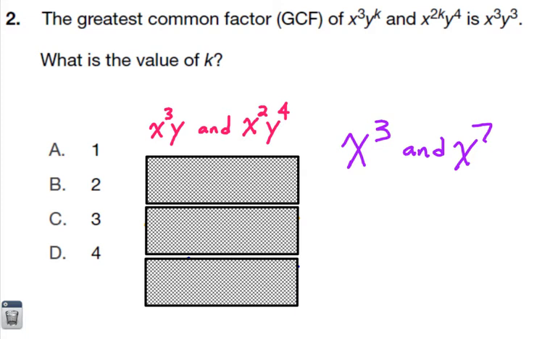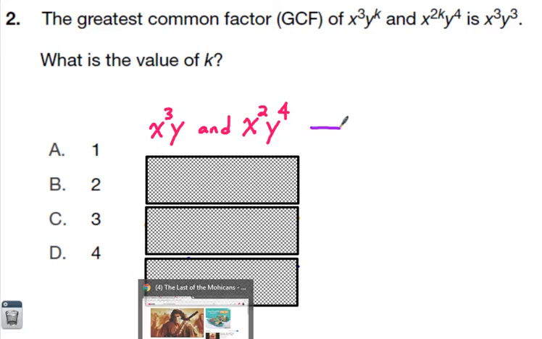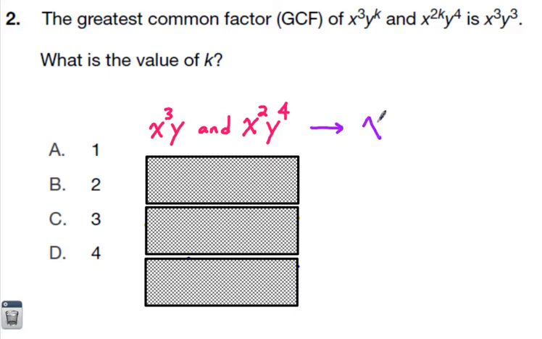I hate to drag this out more than I have to, but in the interest of being thorough, the GCF of this would actually be x to the second, because you're comparing x to the third and x to the second, and y to the first and y to the fourth, and the smaller of the two exponents is 1. So basically, it's not option A.